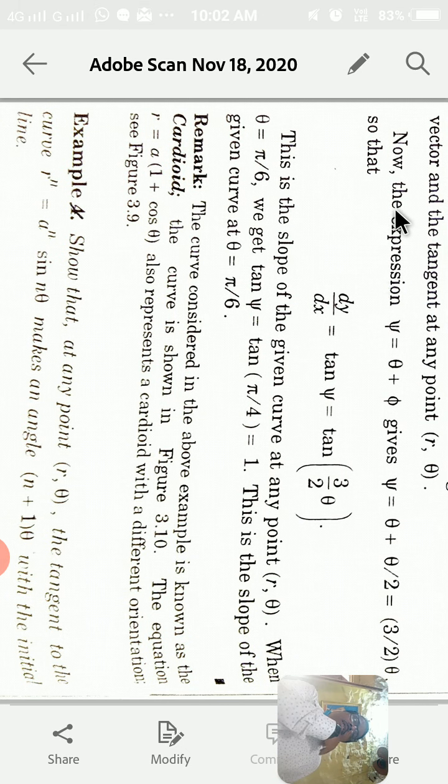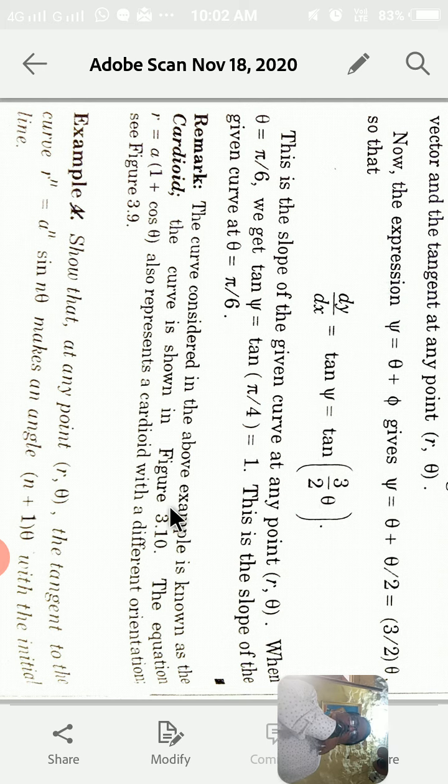So psi gives theta plus theta by 2, which simplifies to 3 by 2 theta. And dy by dx is equal to tan psi, which means tan of 3 by 2 theta. Therefore the slope of the curve, tan psi, is equal to tan 3 theta by 2.